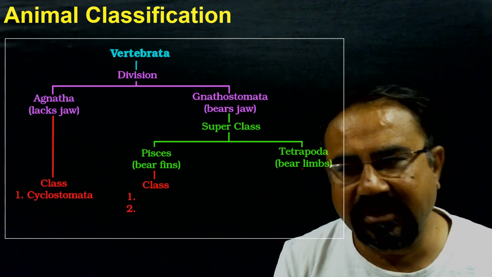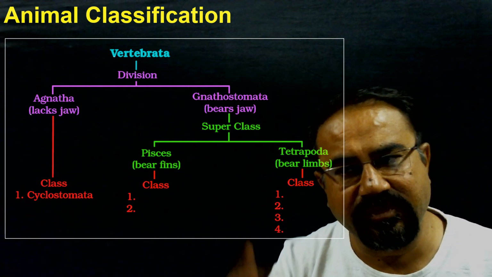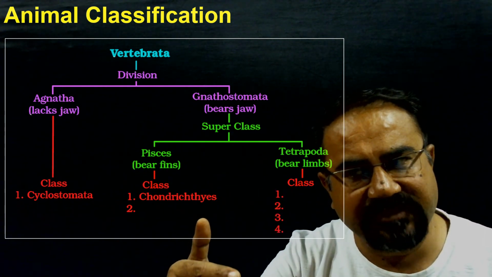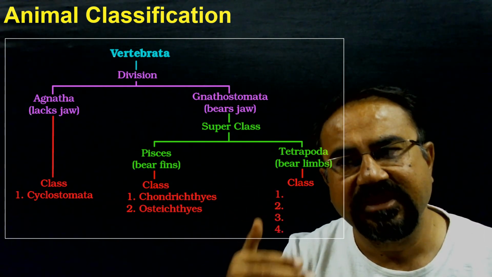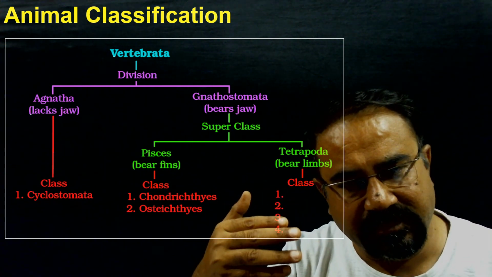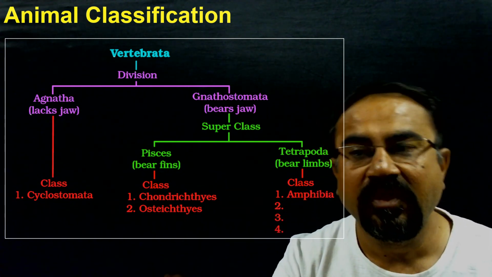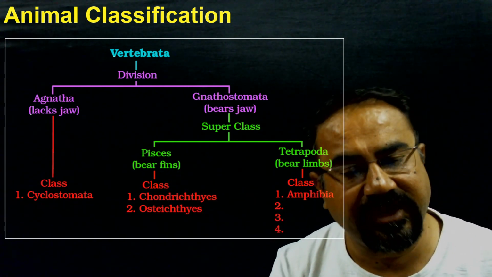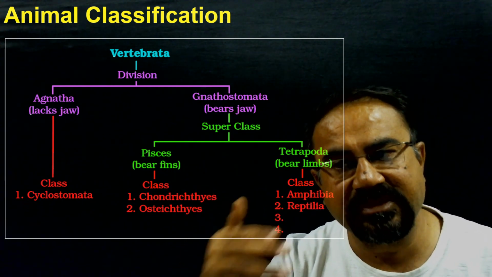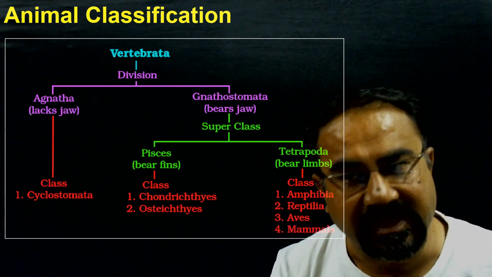Pisces are classified into two classes, while Tetrapoda is classified into four classes. Pisces are classified into Chondrichthyes and Osteichthyes, that is cartilaginous fish and bony fish, while Tetrapoda is classified into amphibians, reptiles, aves, that is birds, and mammals.